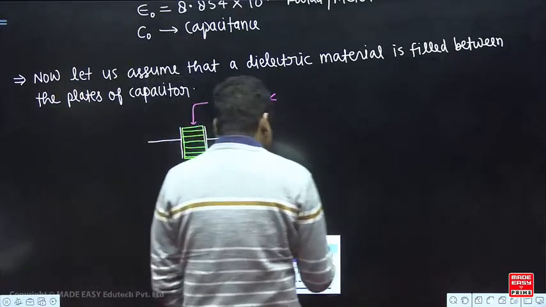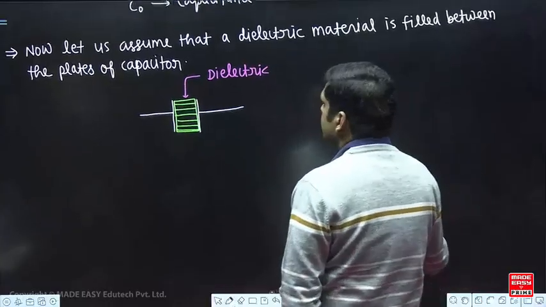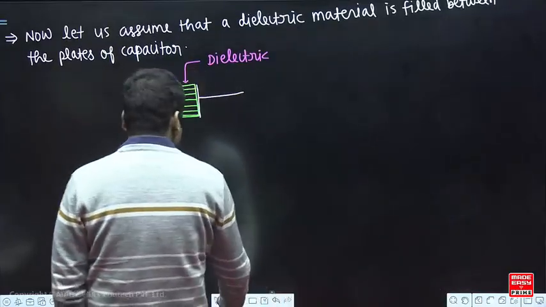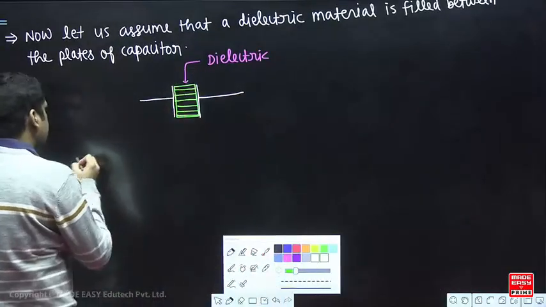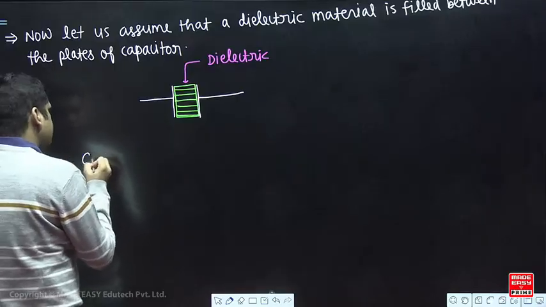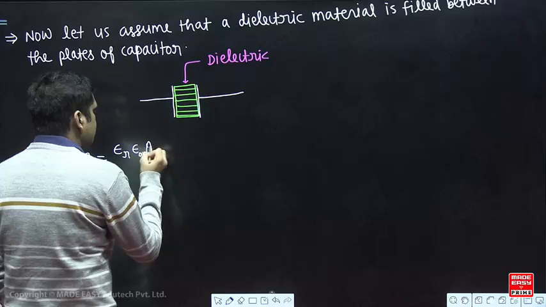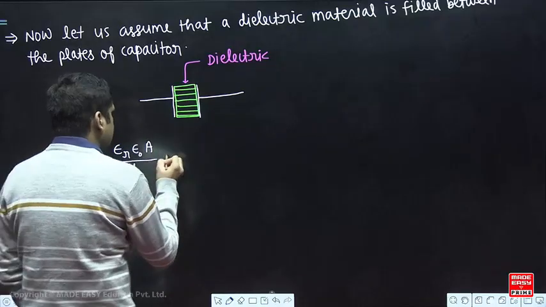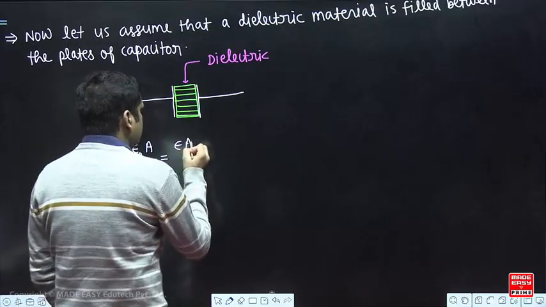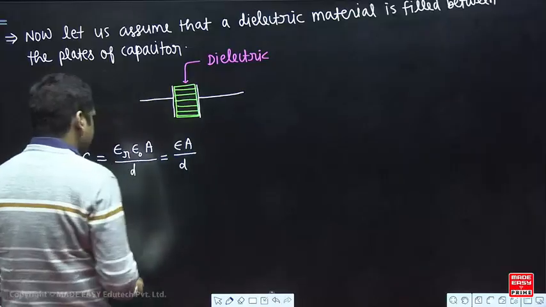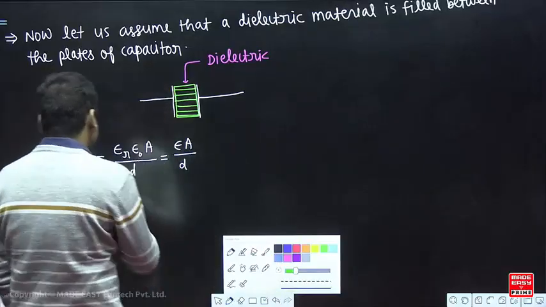Now capacitance can be given as, let us assume that a dielectric material is filled within the plates of the capacitor. So capacitance C is equal to epsilon R epsilon naught A by D, that is epsilon A by D. This is capacitance.